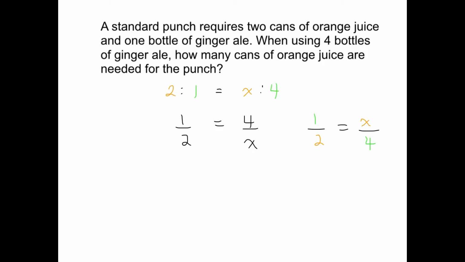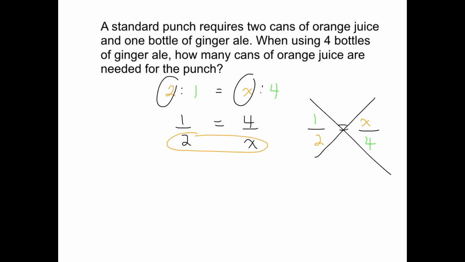Does this represent the same thing? No, it does not. You need to make sure that the first terms are where the numerator or denominator is, in this case the denominator, and the second terms are where the denominator or numerator is, in this case the numerator. This proportion is correct.